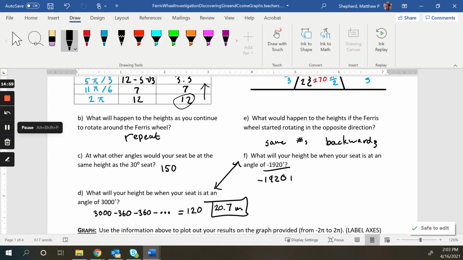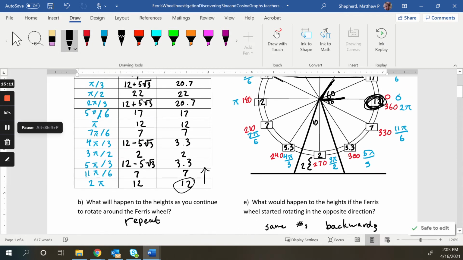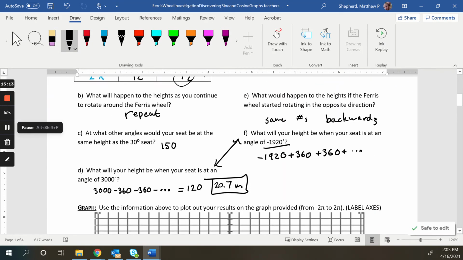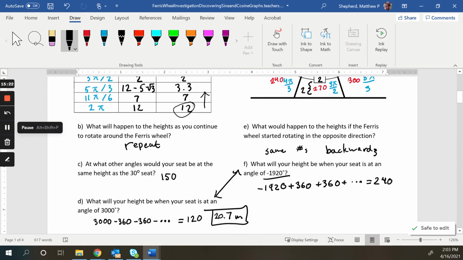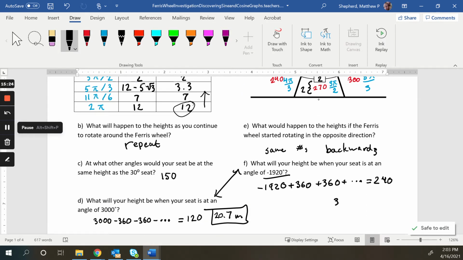In order to figure out how much that is, I'm just going to start adding in 360s until I arrive at a number that I can find, some number that is between 0 and 360. And that's going to come out to 240. So the height at 240 is 3.3. So 3.3 meters.